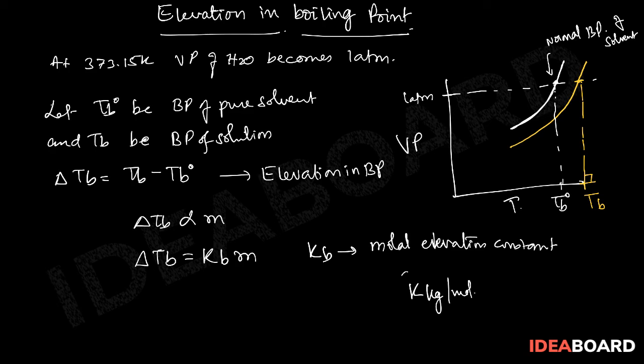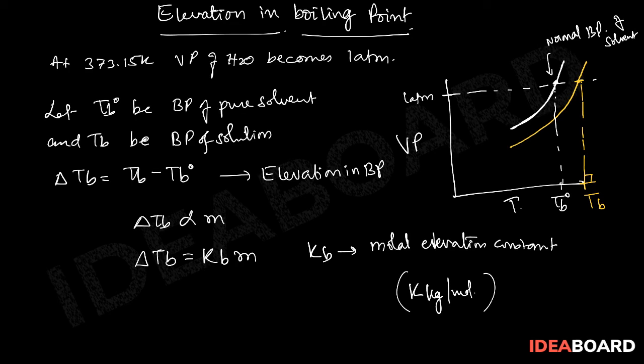So this is the unit of Kb, and this Kb depends upon different solute and solvent combination. So this Kb value depends upon the nature of solvents, and it is purely a property which depends upon the nature of solvent, and it is also experimentally determined.